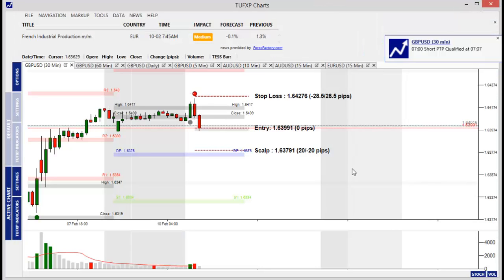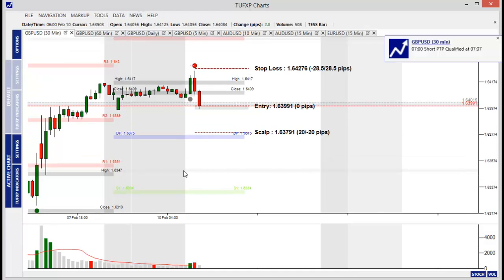We'll see how we get on with this potential short here in the 30-minute, which has just been filled. The market needs to break the 164 level and continue lower down towards the DP in order to give us the 20 pips profit on this. Fortunately, the long side wasn't filled, so it's a case of watching what happens during the next several hours, of course.